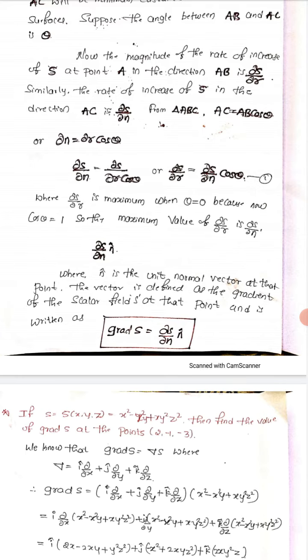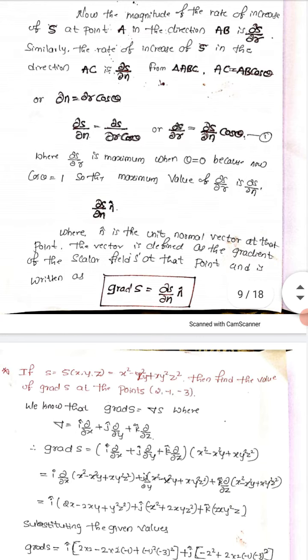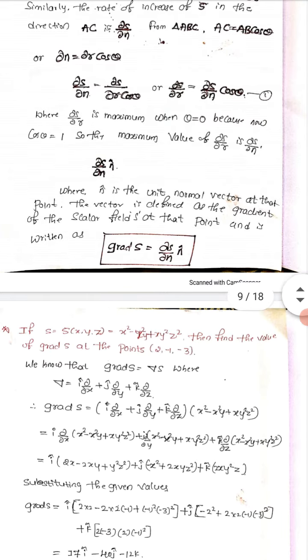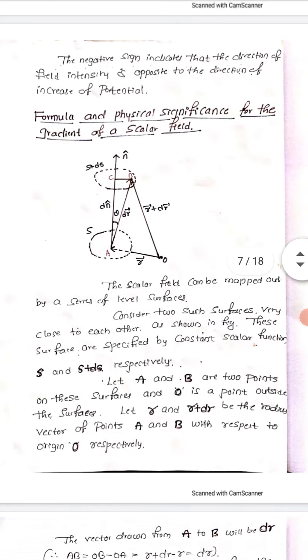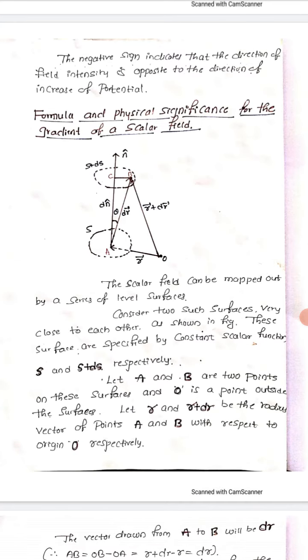This vector is defined as the gradient of the scalar field at that point. It is written as gradient S equal to dou S divided by dou n into n cap. This is the formula and physical significance of the gradient of a scalar field.